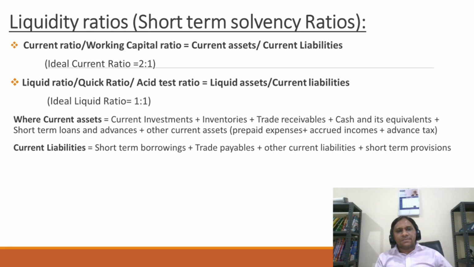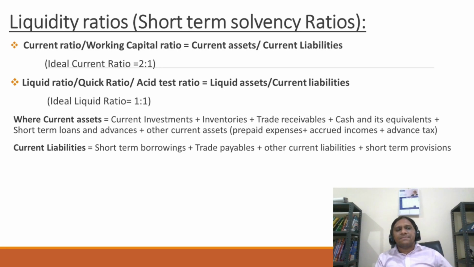Current assets is equal to current investments plus inventories plus trade receivables plus cash and cash equivalents plus short-term loans and advances plus other current assets. Yes, these are the 6 subheads of current assets.